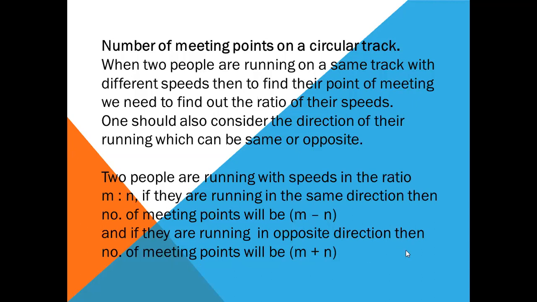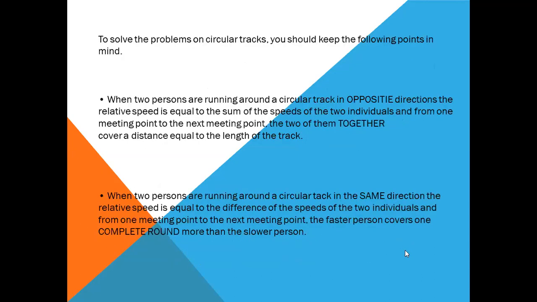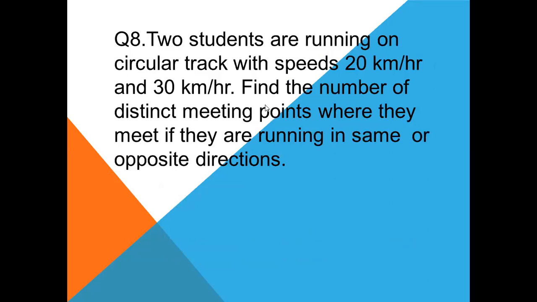We will study this with the help of one example. Two students are running on a circular track with speeds 20 km per hour and 30 km per hour. You have to find the number of distinct meeting points where they meet if they are running in the same or opposite directions.